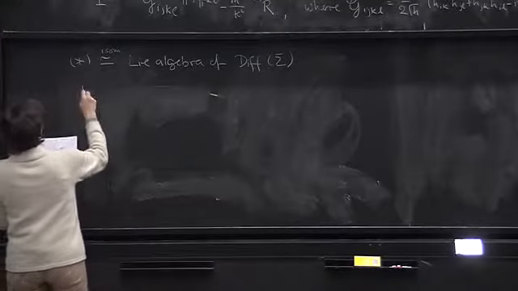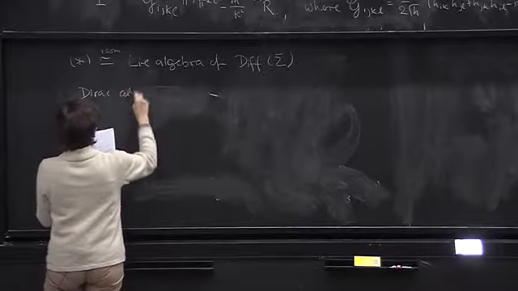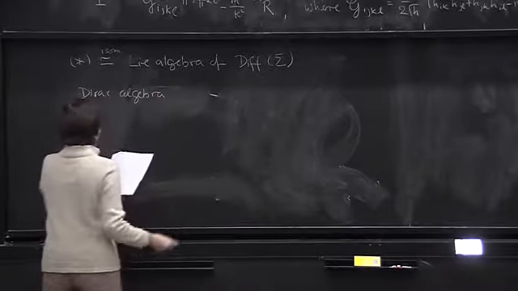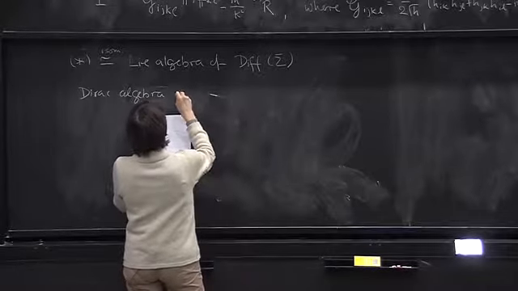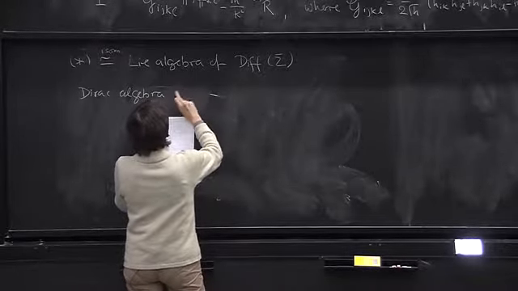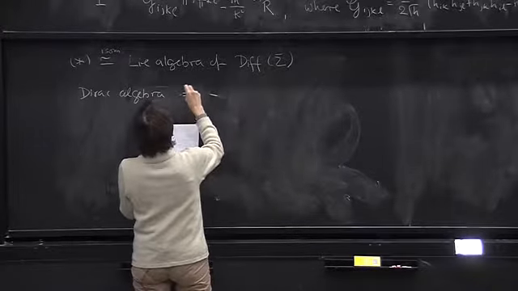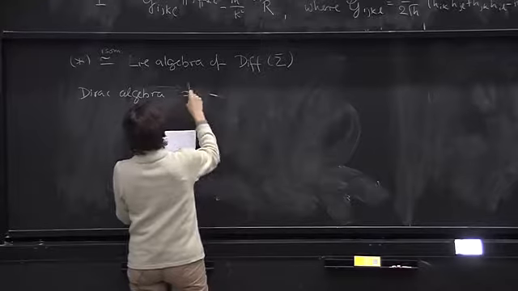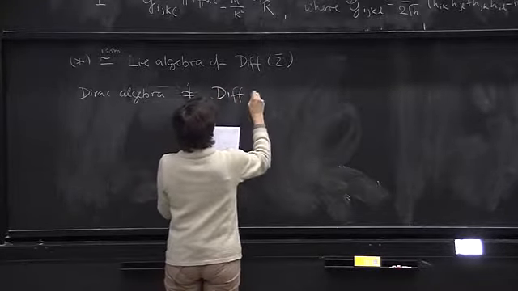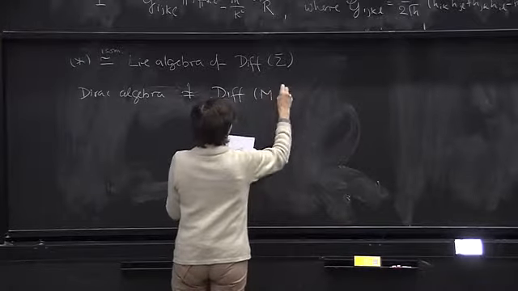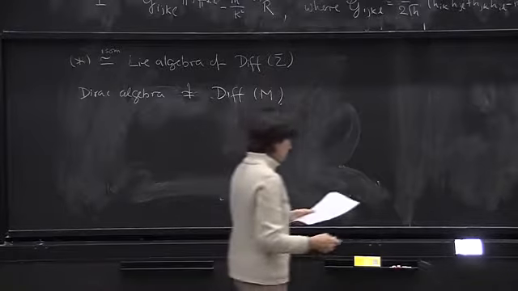The Dirac algebra is not isomorphic, that would be the best way to say it, to diff of the original 4-dimensional manifold.